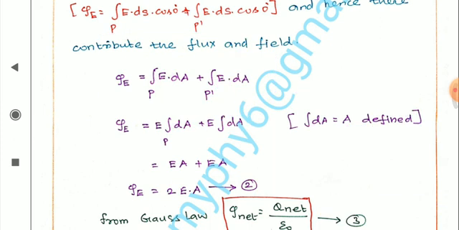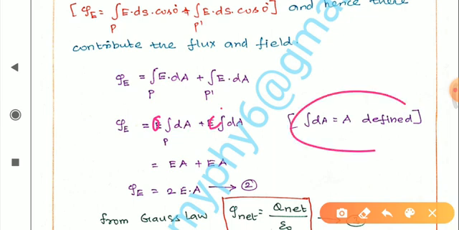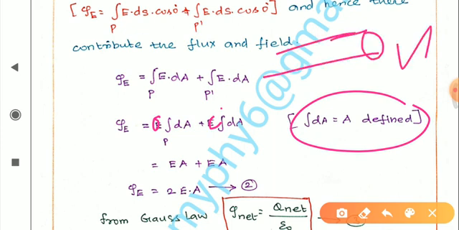So here we have taken E outside, and the integral of dA is equal to A. Already we have defined the imaginary surface of cross-sectional area. That's why we can write EA plus EA is equal to phi E. By adding this, we can write 2EA.